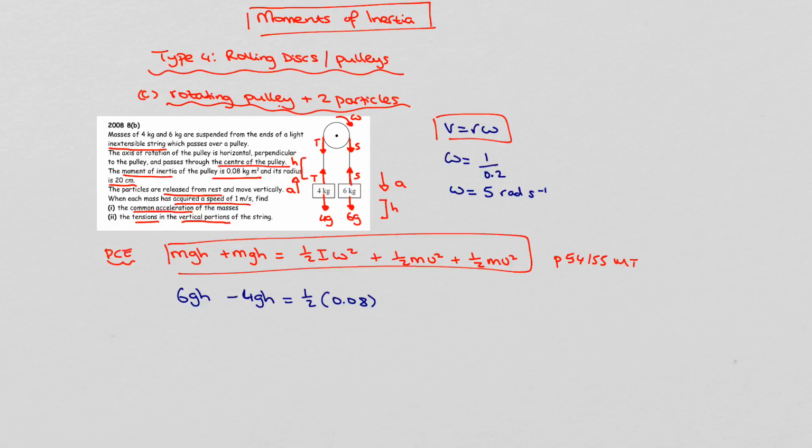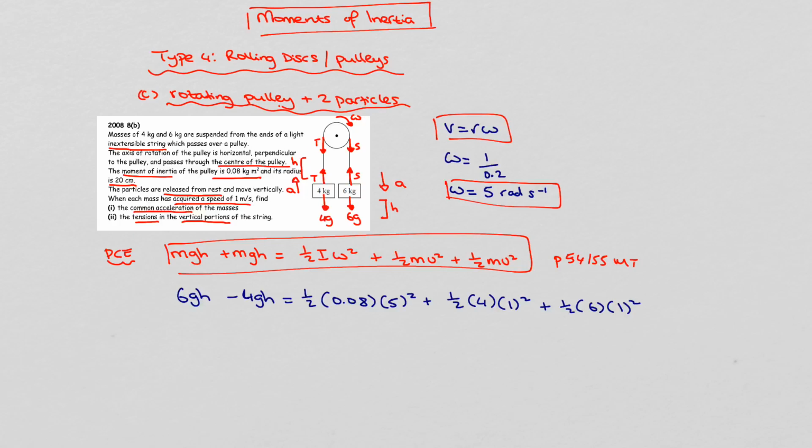Okay, so now we have the angular velocity. We can put that into our equation. We have to make sure that we're squaring that. And then we have half times the mass of the 4 kilogram times the linear velocity, well, it's acquired a speed of 1, plus a half times the mass of the 6 kilograms, and it has also acquired a linear velocity of 1.